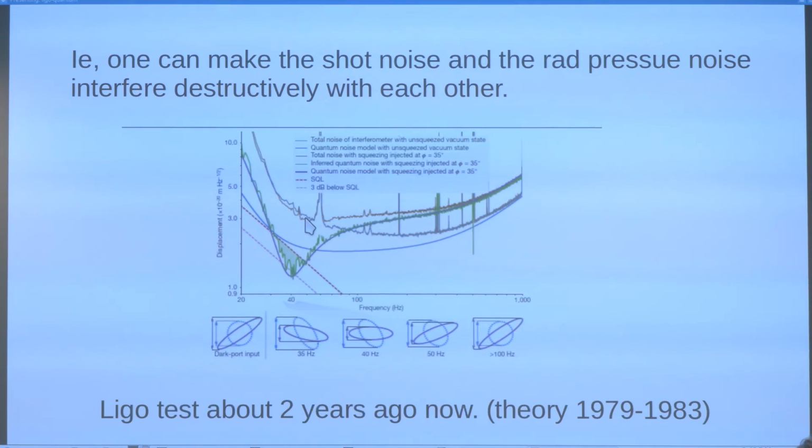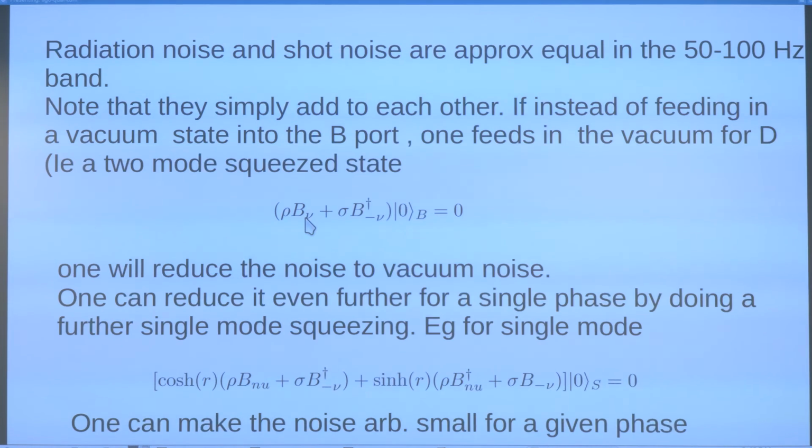Now, how can I get rid of it? Well, one way I can get rid of this noise is, instead of using the vacuum state that corresponds to the B coming in, in other words, making sure I've got nothing coming into the interferometer from that port, I send noise into the interferometer.